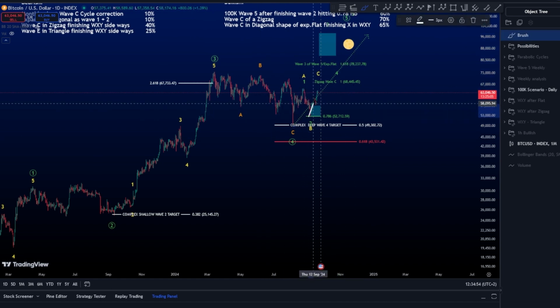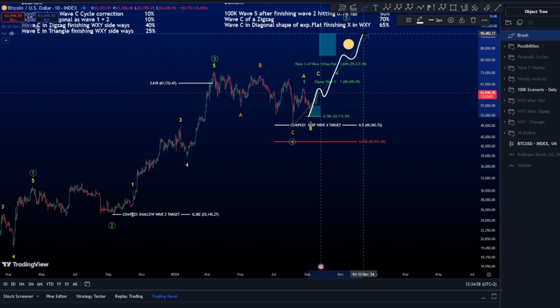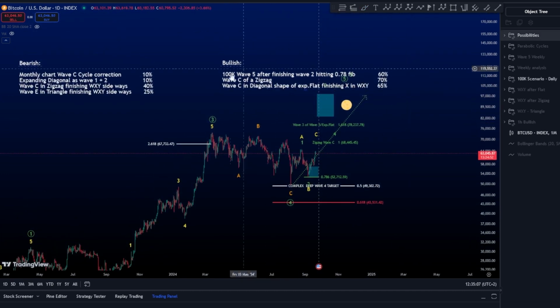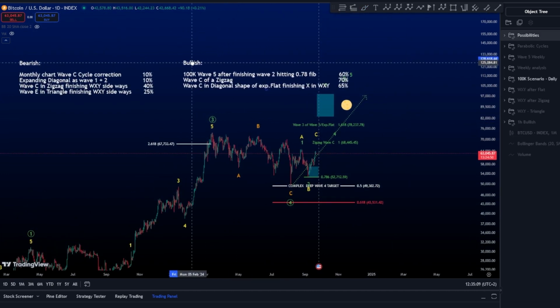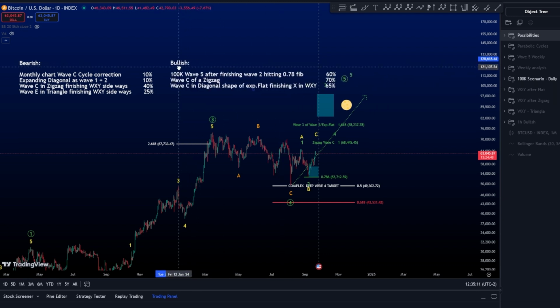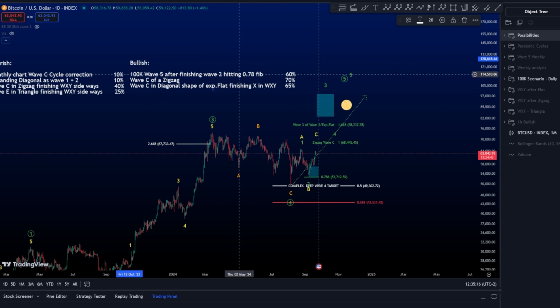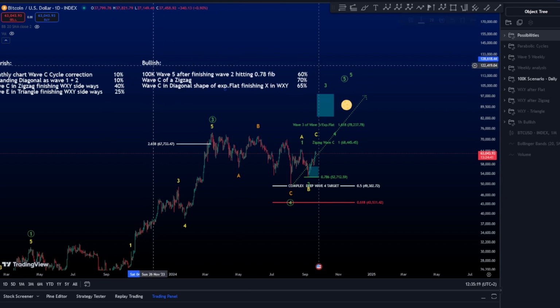And what we are looking at now possibly is another 1, 2 formation for 3, 4, 5. So we might still see a 1, 2, and then big 3, 4, 5, finishing this impulse. So this is a very high possibility. Now, you're gonna tell me, okay, why then you don't give it 100% or a higher percentage for this 100K?